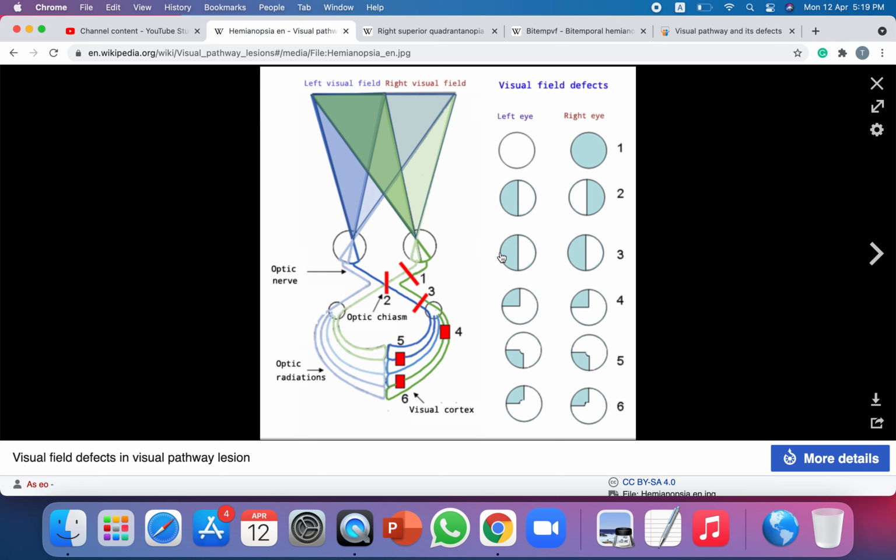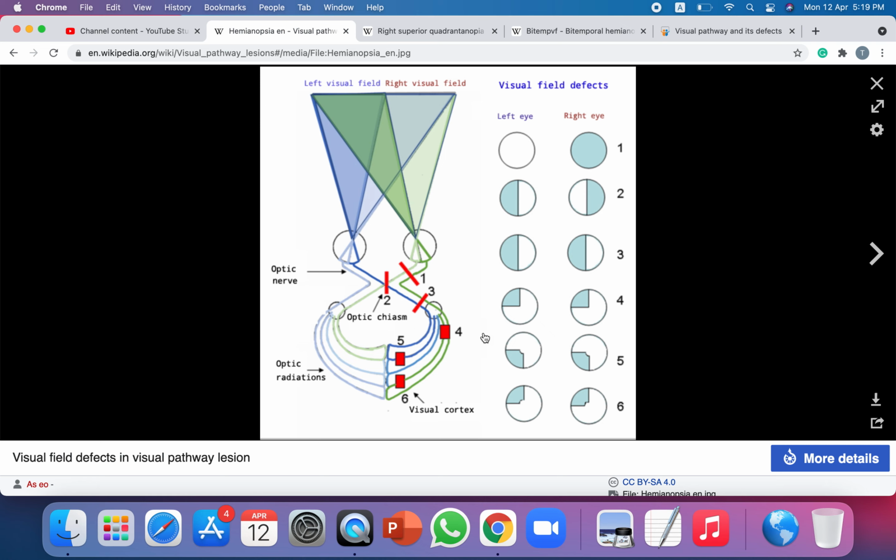So this is called homonymous hemianopia. This is not similar to bitemporal. Bitemporal is asymmetrical; they are on opposite sides. In number 3, homonymous, they are on the same side. The field of vision is lost on the nasal field of the right eye and the temporal field of the left eye.